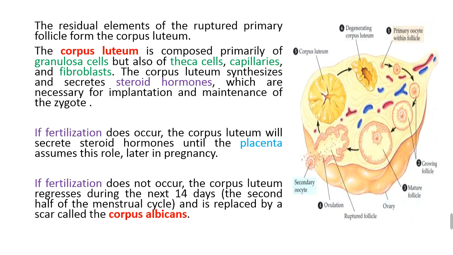If fertilization occurs, the corpus luteum will secrete steroid hormone until the placenta assumes this role later during pregnancy. But if fertilization does not occur, the corpus luteum will regress during the next 14 days, which is the second half of the menstrual cycle, and is replaced by what is called the corpus albicans, which is a scar tissue.